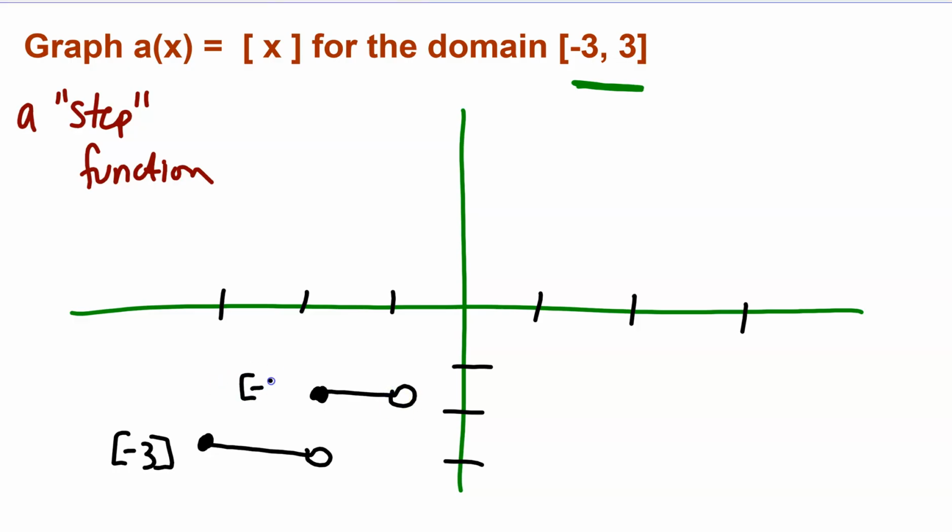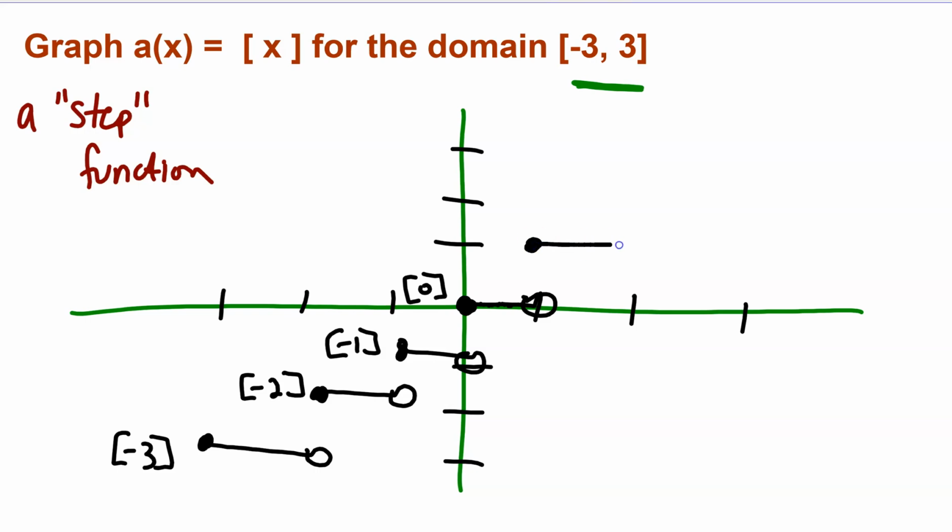So this is negative 2. And then negative 1, all the way to 0, not including it. So this is negative 1. And then 0 to 1, this is going to be 0. Think about that. It's not including this one, but all the numbers in between, all the way to that integer, the greatest integer. And then we have 1 to 2.